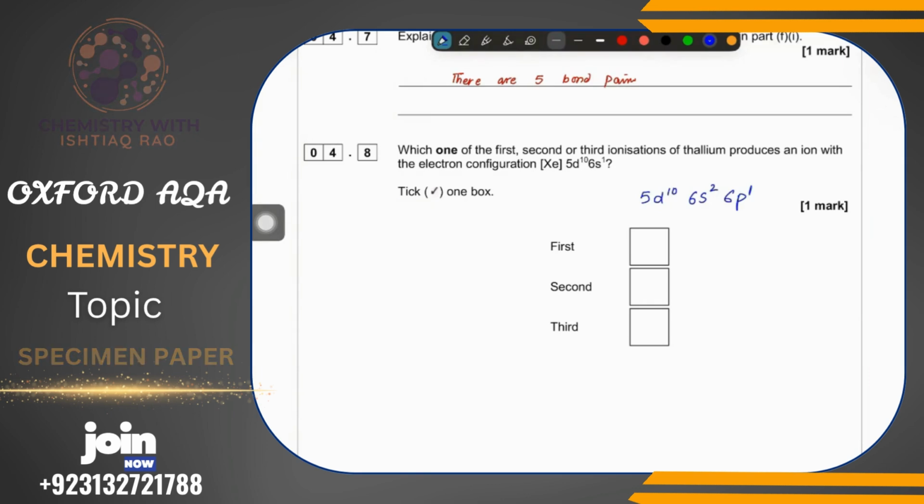How did I find that? Basically, it's in the sixth period, isn't it? And it's in the third group. So that's why sixth period and third group. 2 plus 1 is 3.